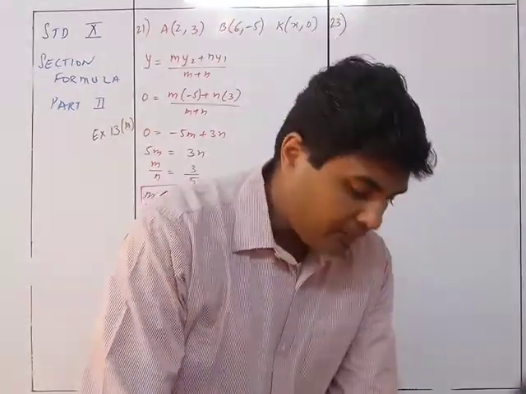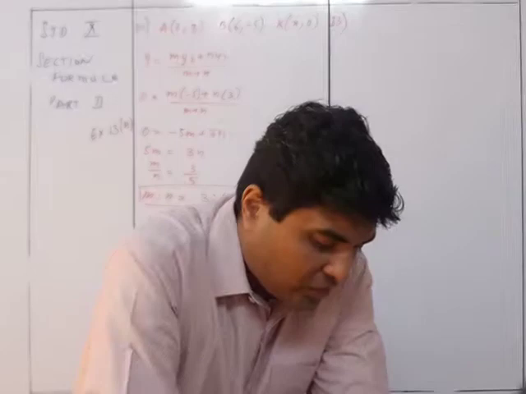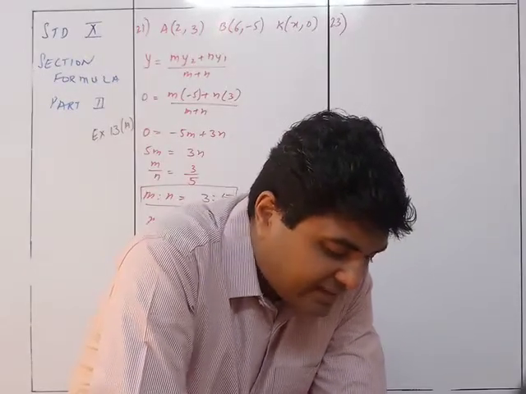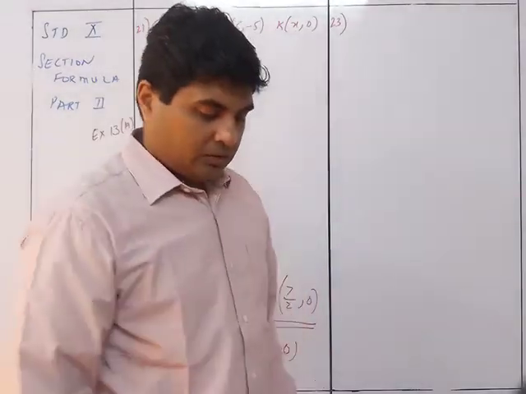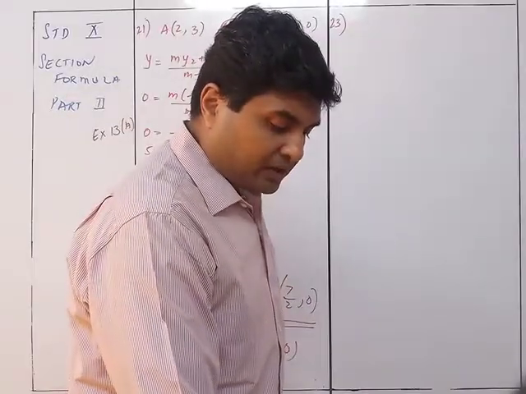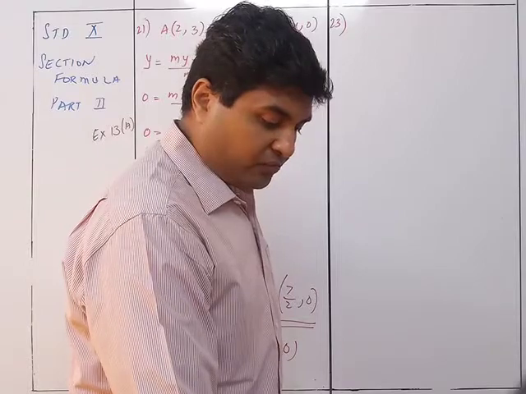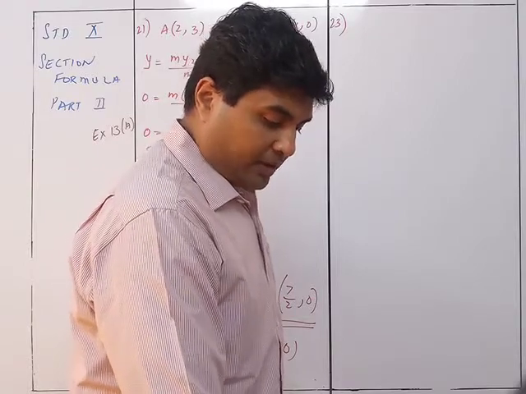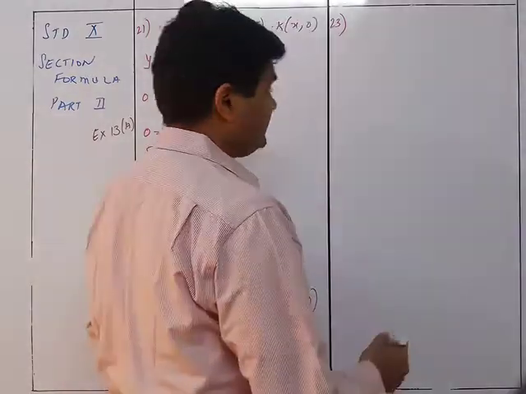The line joining P (-4, 5) and Q (3, 2) intersects the y-axis at R. So we have over here PM and QN are perpendiculars from P and Q on the x-axis. Find the ratio PR upon QR. Okay, let's draw this thing so that it's easier to understand.